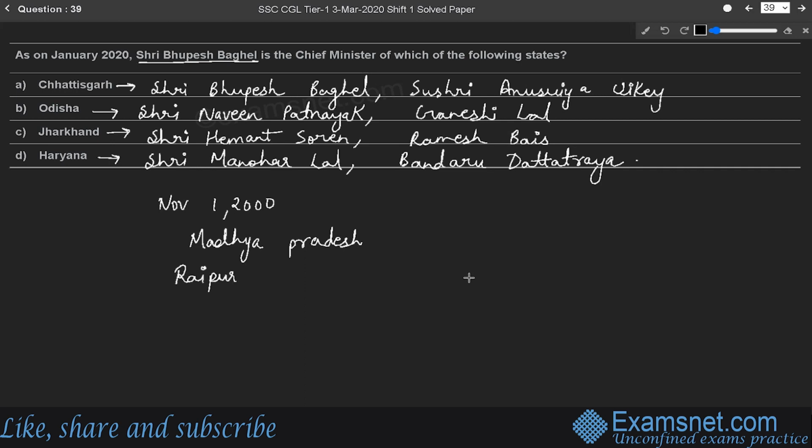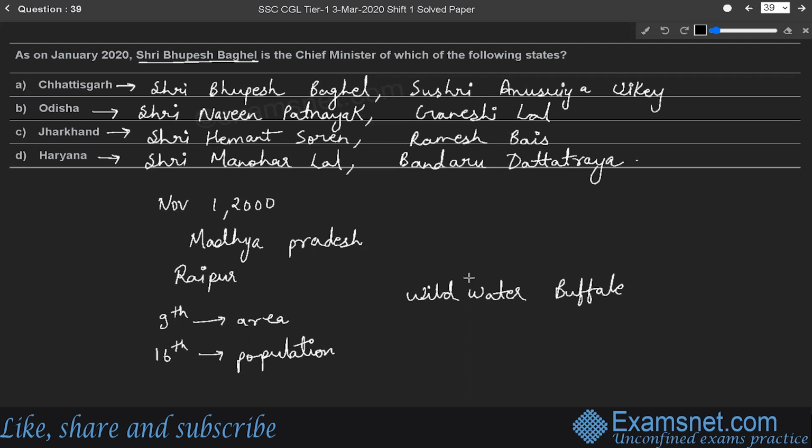Also, the state of Chhattisgarh ranks 9th in terms of area and 16th in terms of population. Also, the state animal of Chhattisgarh is wild water buffalo, and state bird of Chhattisgarh is common hill myna.